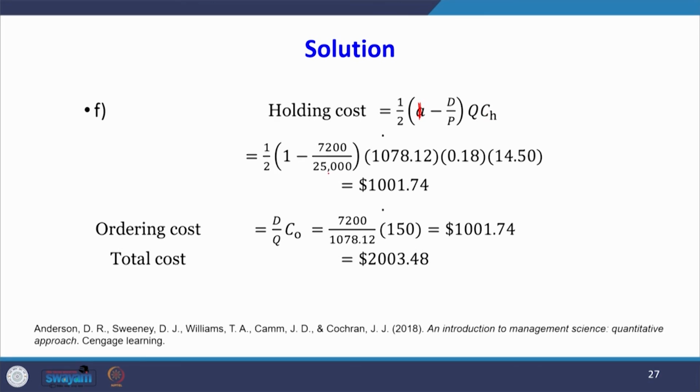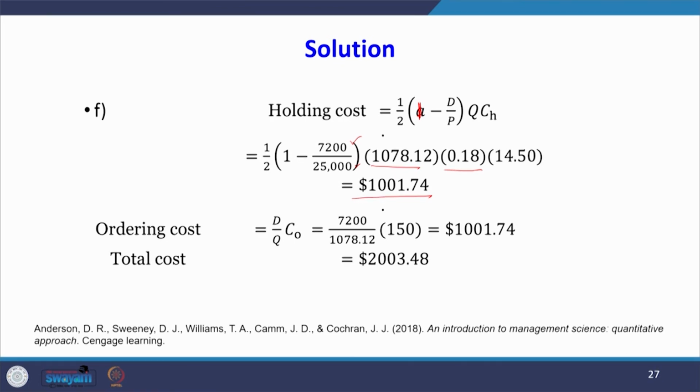With the annual demand, annual production rate, Q and the annual holding cost per unit, you will get $1,001.74 as the annual holding cost.